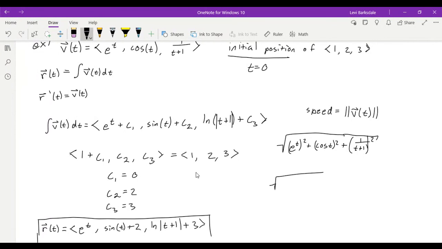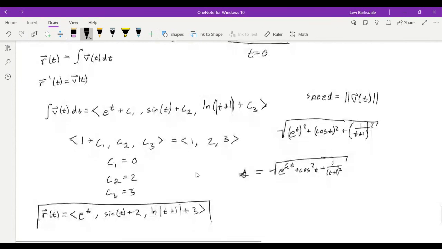And we can't really simplify that a whole lot. I think the best we could do is e to the 2t plus cosine squared t plus 1 over t plus 1 squared. And this would be our speed. I'm just going to note that using a cursive s. But in this case, you can see we have a non-constant speed. That's just really one thing I wanted to show you. Speed will not necessarily always be constant.